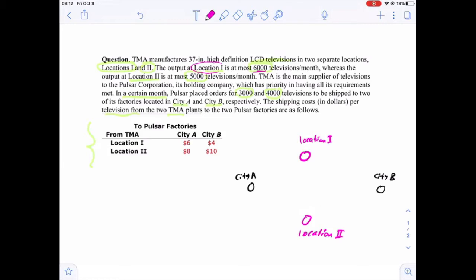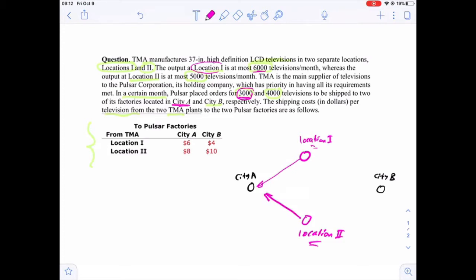So we need now to define some variables. We want to send some TVs from location 1 to city A, and here if you read, we want to send 3,000 to city A, and this will come from location 1 and from location 2.